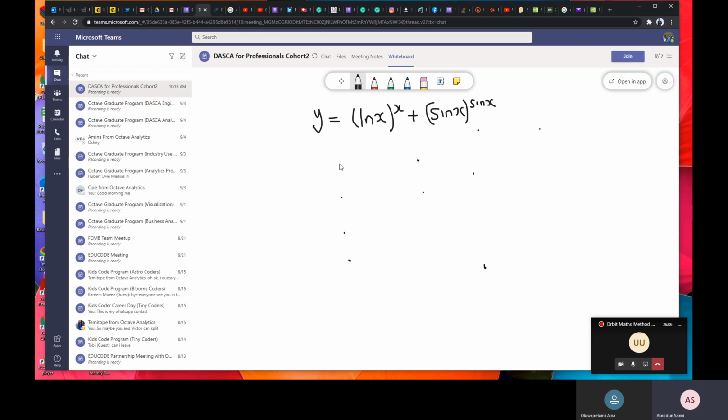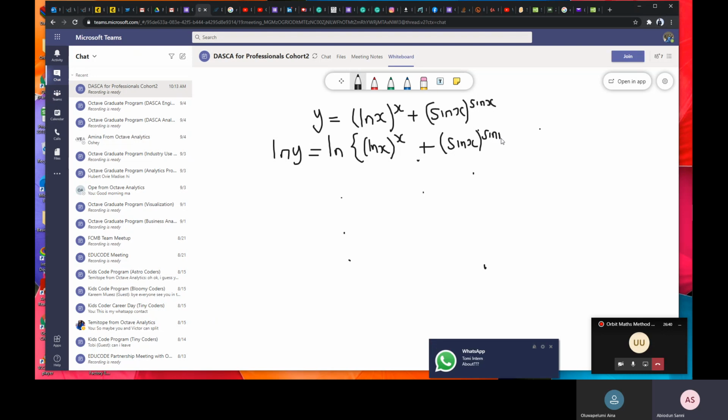If I take ln of both sides, this is how it's going to look. We're going to have ln y equals ln of (ln x)^x plus (sin x)^(sin x), then close the bracket.